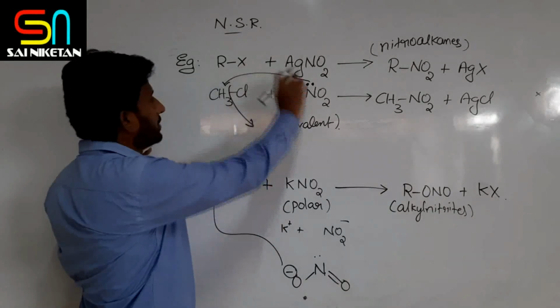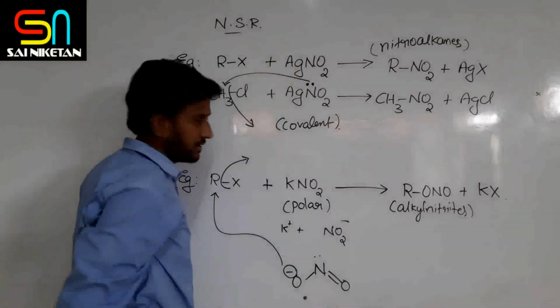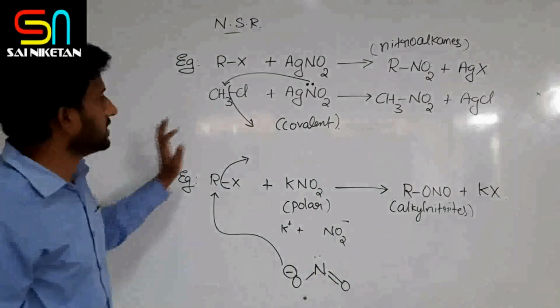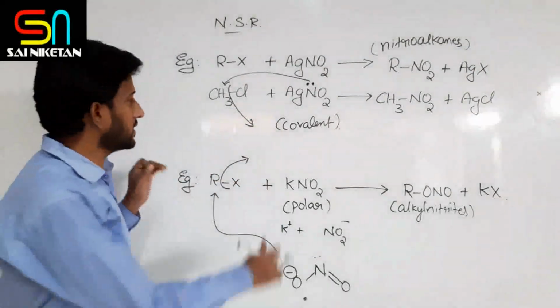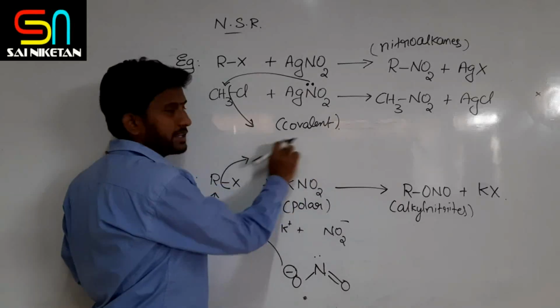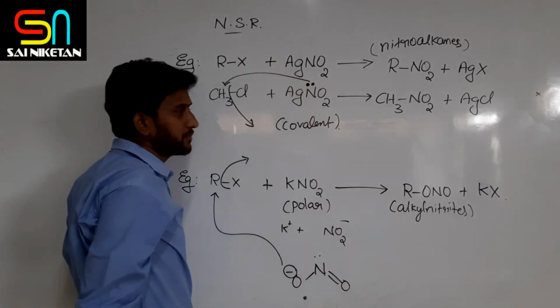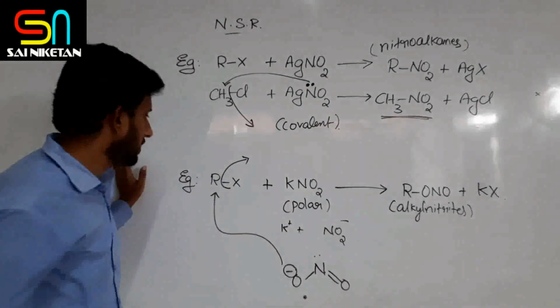So why am I getting nitroalkanes with silver nitrite and alkyl nitrites with potassium nitrite? You understood the reason? The reason is similar to that of the silver cyanide, potassium cyanide explanation. That is, silver nitrite is covalent. So the reaction is initiated by nitrogen's lone pair. So the nitrogen atom gets attached. So you will get nitroalkanes.